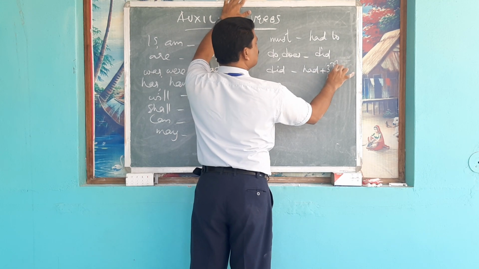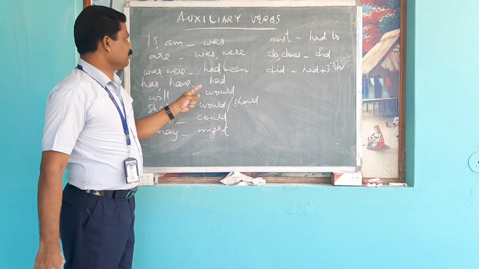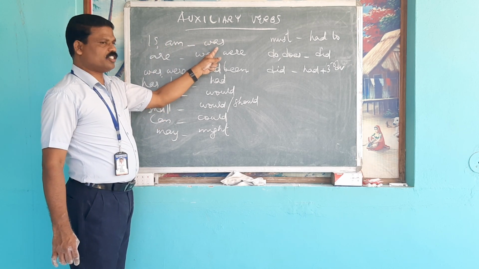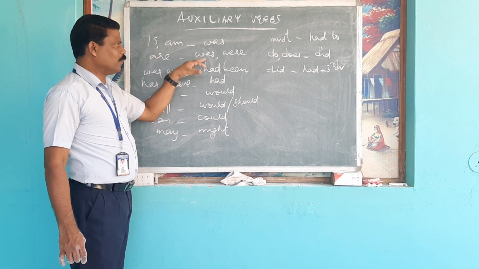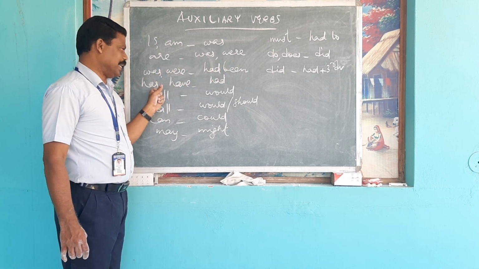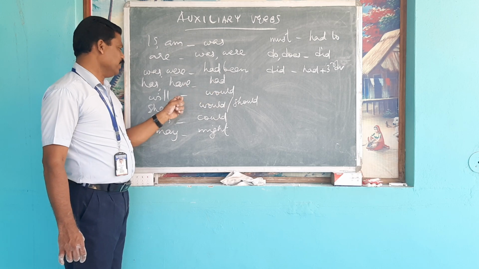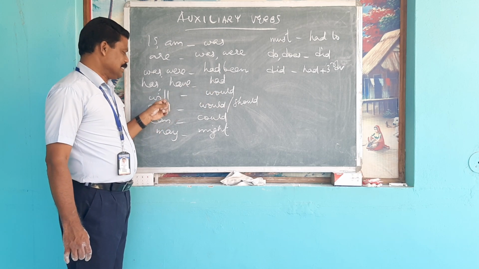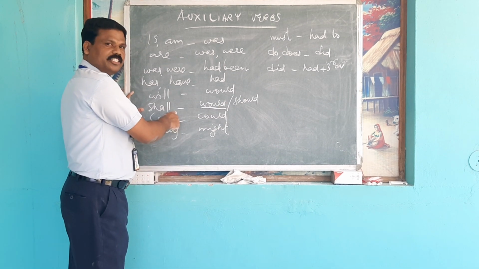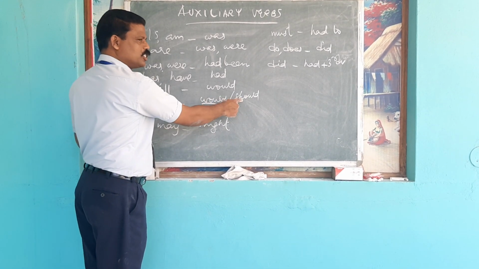had plus third verb. Please remember, is will change into was, are into was or were, was and were into had been, has and have into had, will changes into would, shall into would or should.